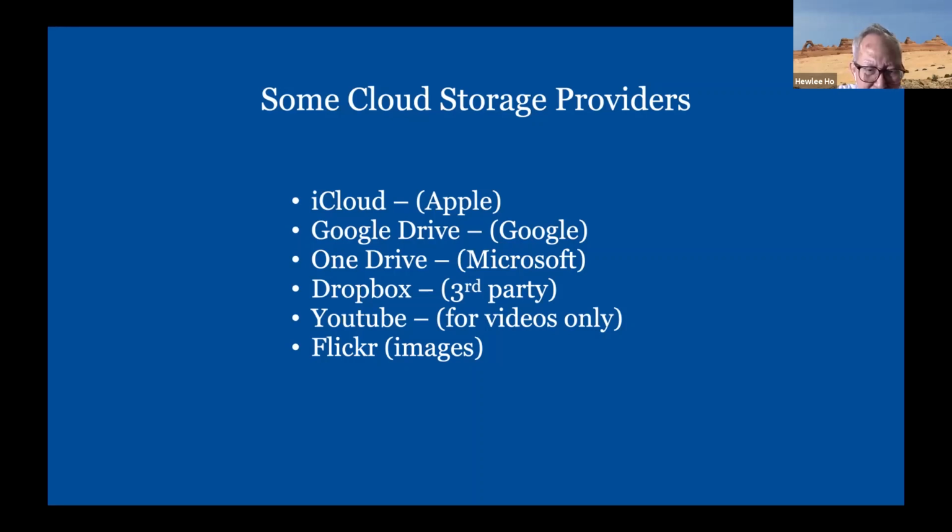Dropbox is more for working people who work as a team, and they share their information. Normally it's for those people, but you can also use it for your family album. YouTube, as I say, is for videos. And Flickr is also another cloud machine that stores images and videos. You can store documents also, but you may not be able to open the document online because it depends on what format the company supports.